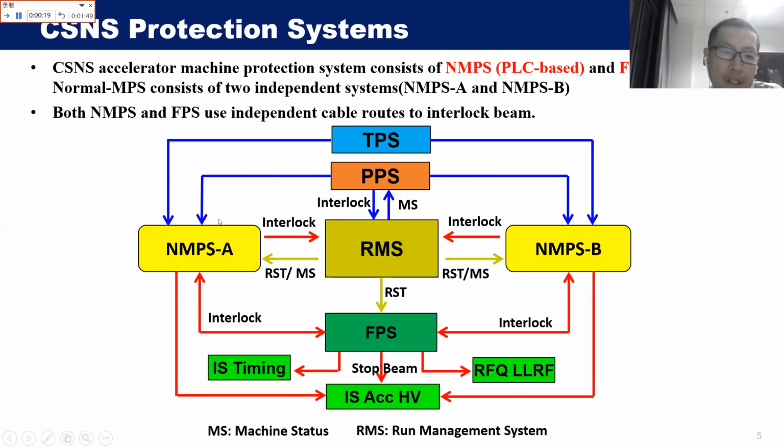The accelerator protection system consists of a PLC-based slow protection system and an FPGA-based fast protection system. Both the APS and FPS use independent key rules to unlock the beam. The beam stop actuators are the ion source timing, the ion source acceleration high voltage, and the RF power source.